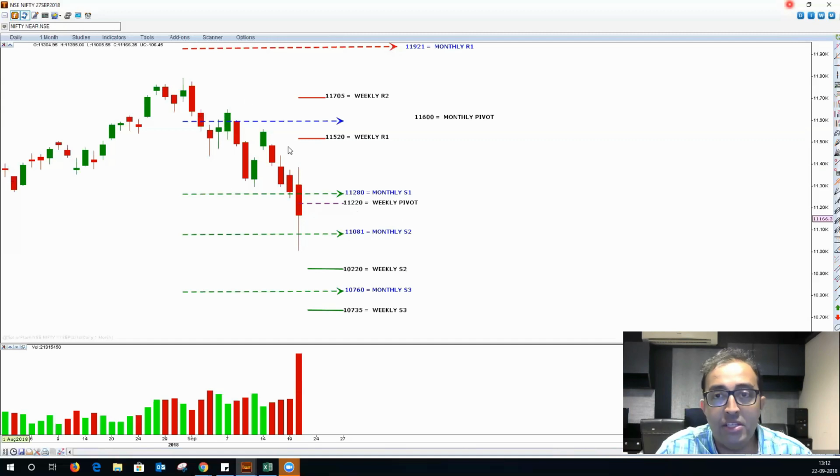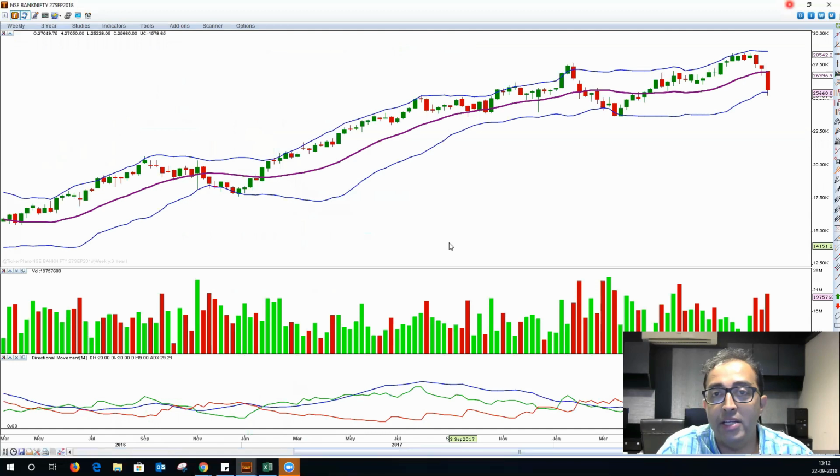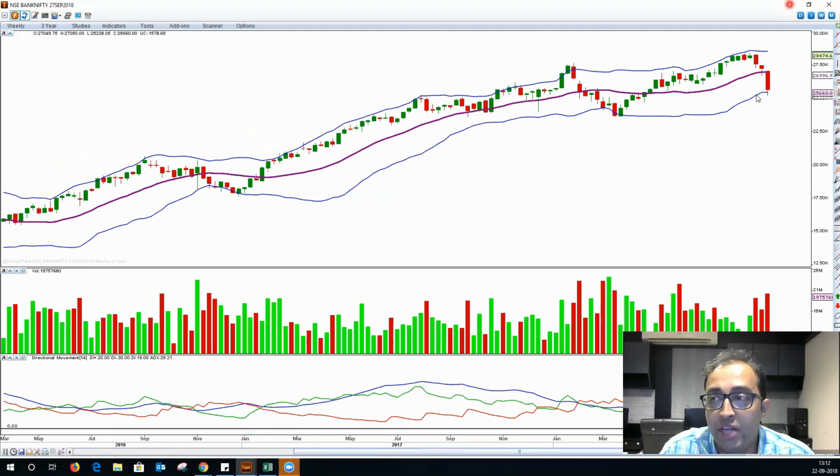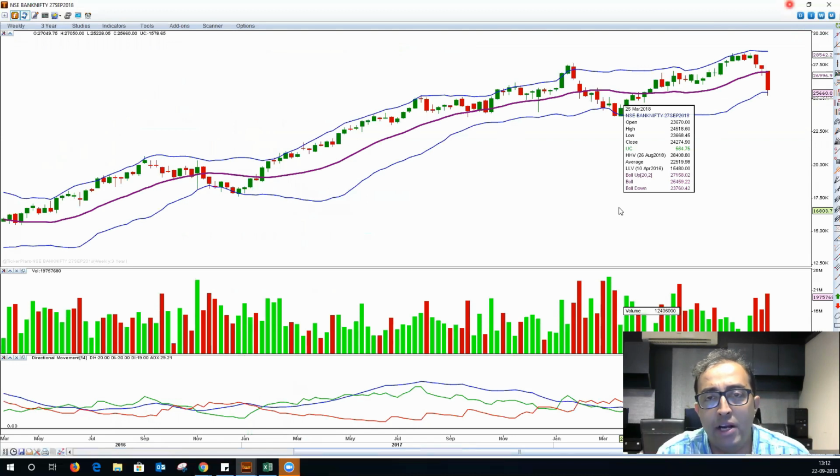Well, let's also see what our dear friend Bank Nifty is telling us. And we can see that Bank Nifty has now seen a sharp decline, and we have used the concept of Bollinger Band to give us a measure of the volatility which is in play.